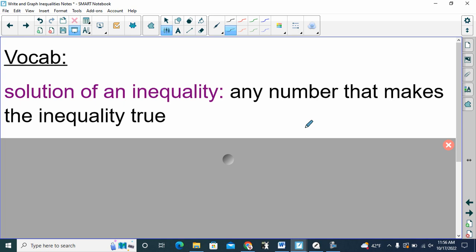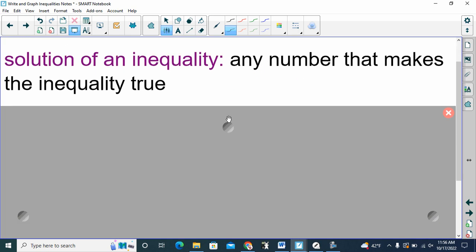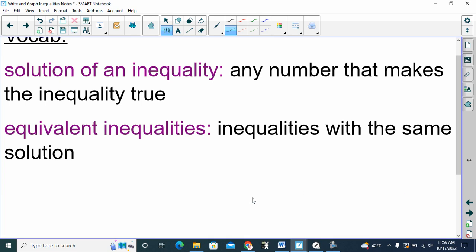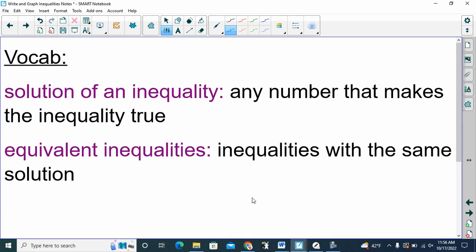Not today, but starting soon, we will be trying to find all solutions to the inequality. Equivalent inequalities are two inequalities with the same solution. Equivalent inequalities have the same solution.